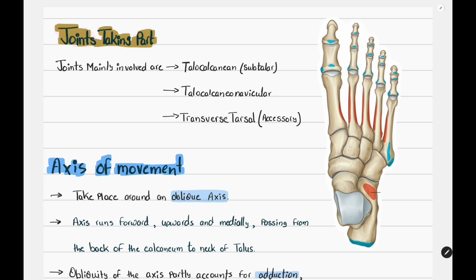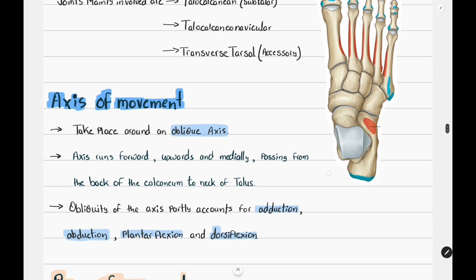The talocalcaneonavicular joint, between these three bones, is also responsible for the movement. And lastly, an accessory joint, which is the transverse tarsal joint, also known as the mid tarsal joint. All these three joints are needed for achieving the movement of inversion and eversion.